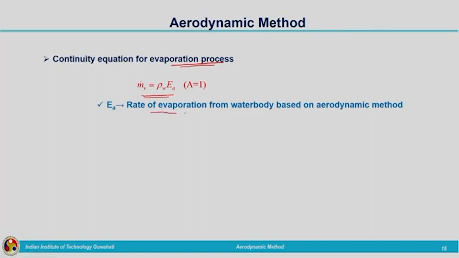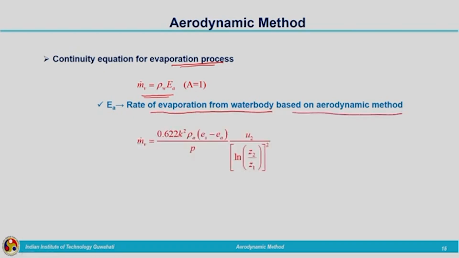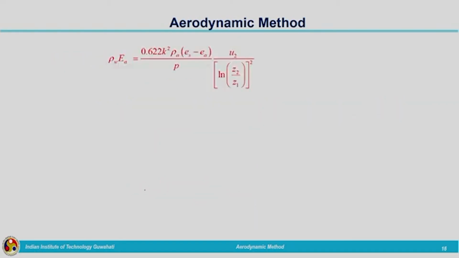EA is the rate of evaporation from water body based on the aerodynamic method, and that we will be substituting here for this vapor transport. We will be substituting rho w EA, and from this we will calculate the expression for EA. EA is equal to 0.622 rho A divided by rho W, since rho W is coming to the denominator.